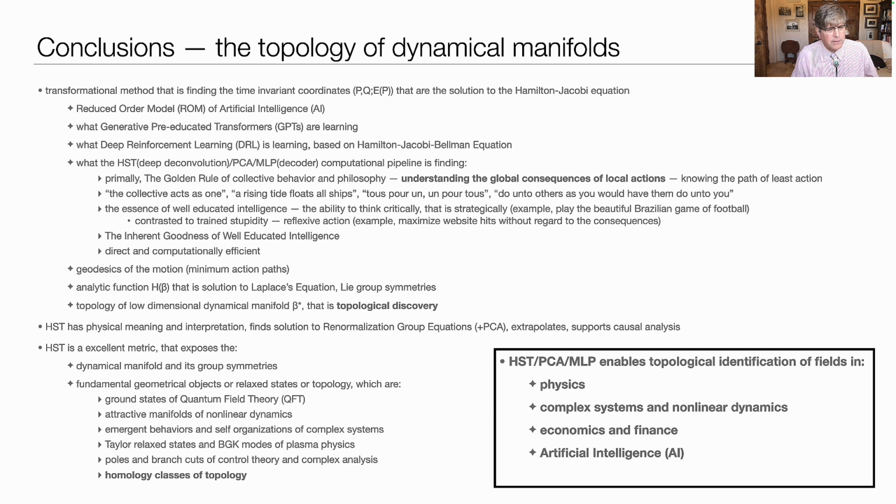And I would say that up until the deep Q learning of DeepMind, and also the more recent ChatGPT large language models of firms like OpenAI, we really have been dealing with trained stupidity rather than educated intelligence.